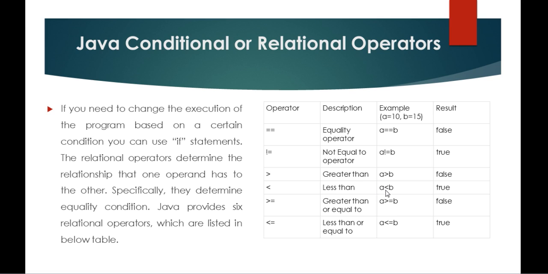Less than. Is a with the value of 10 less than the value of 15? True. We also had greater than or equal to. a is greater than or equal to b? False. Less than or equal to. a with a value of 10 less than or equal to b with a value of 15. Of course, that is true.